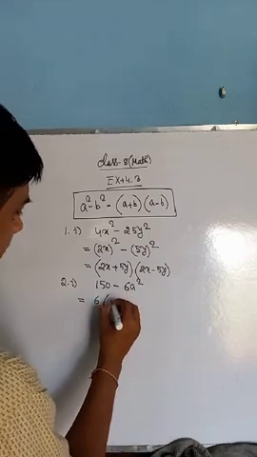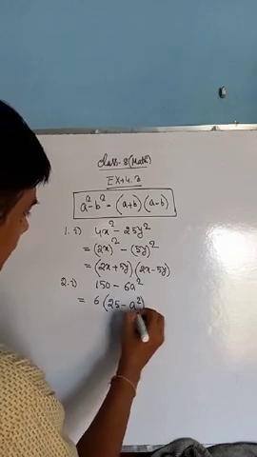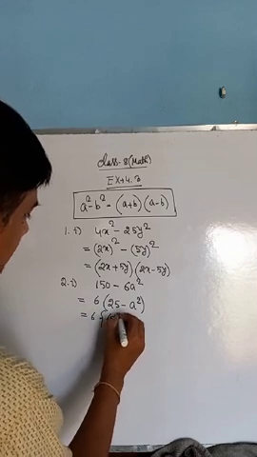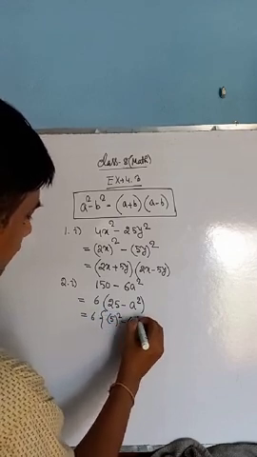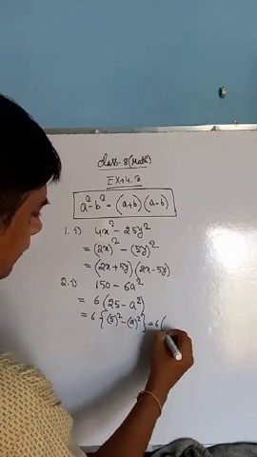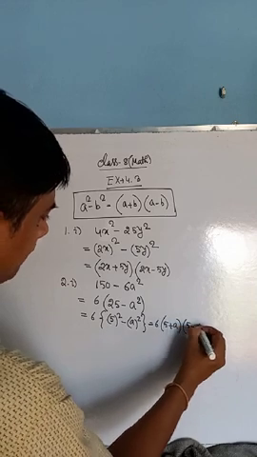So 6 into 25 is 150, so 6 times 25 minus a square, that is 5 square minus a square. That means the a square minus b square formula, a plus b and a minus b.